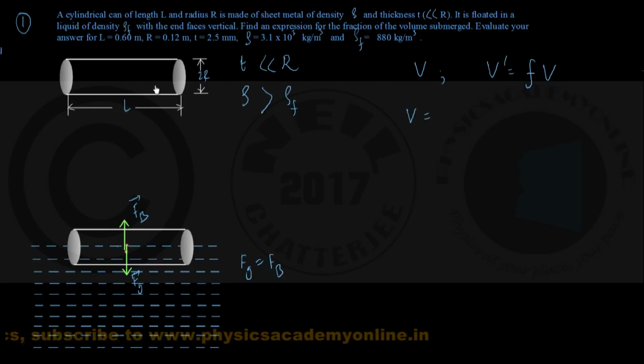Looking at my figure, a cylinder of length L and cross-sectional radius capital R, using the formula of mensuration, V is equal to pi R square L.